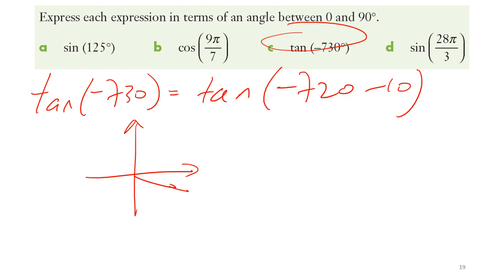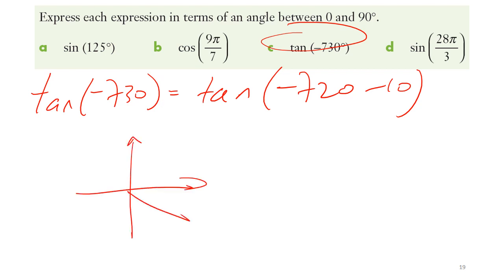Sorry, it would be here, first quadrant. Oops. So you're going 730, which means you're going this way, 4 rounds, and then a bit more, so it will be here, negative 10. So let's draw a proper picture. What will you use?